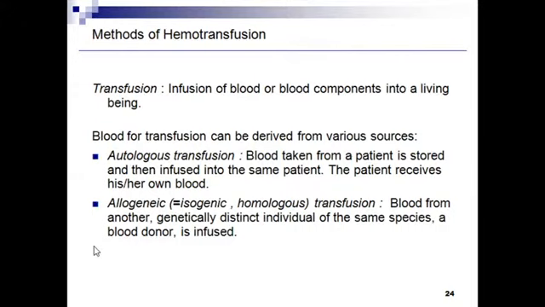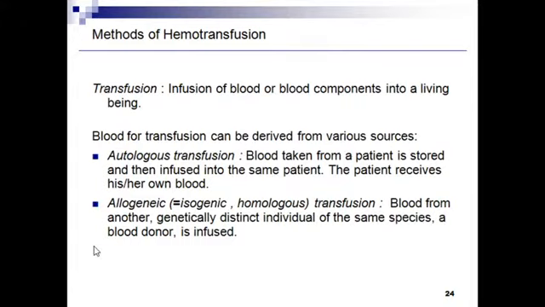Autologous transfusion. If you transfuse blood taken from the same patient, stored and then infused into the same patient, the patient receives his or her own blood. This is autologous transfusion. And allogenic transfusion.